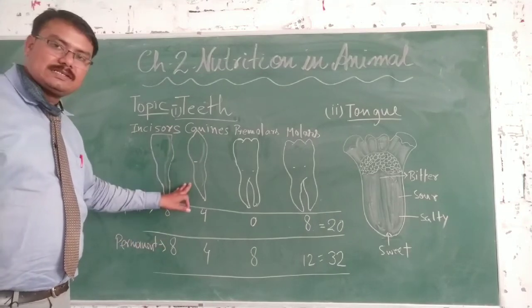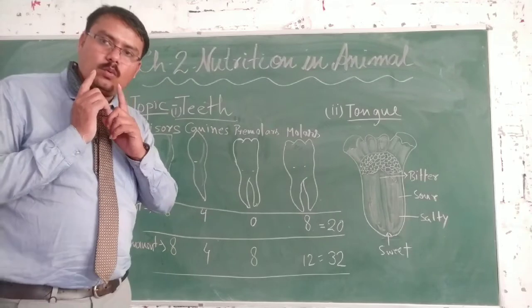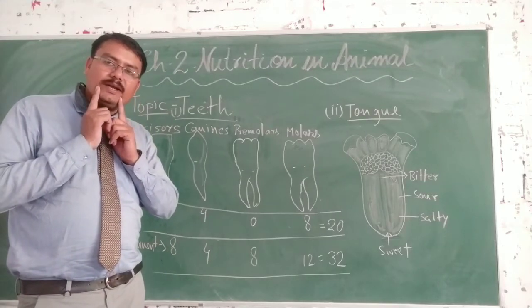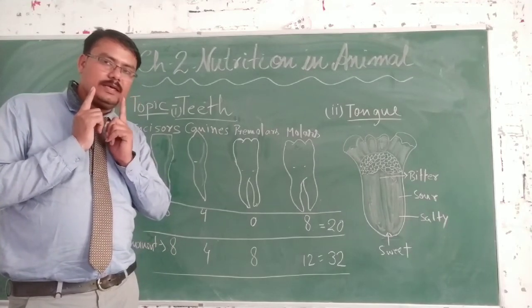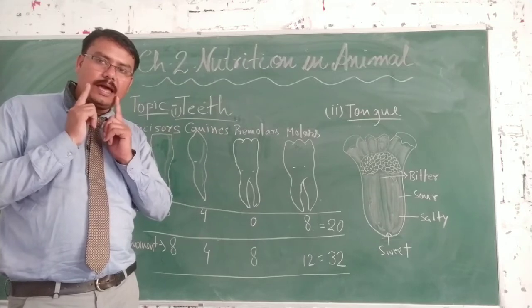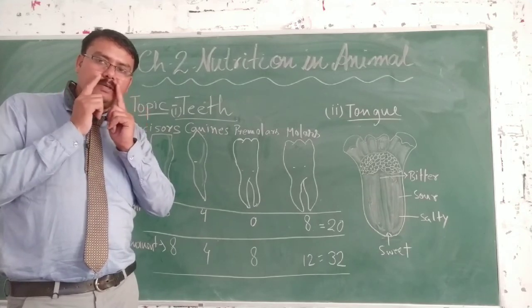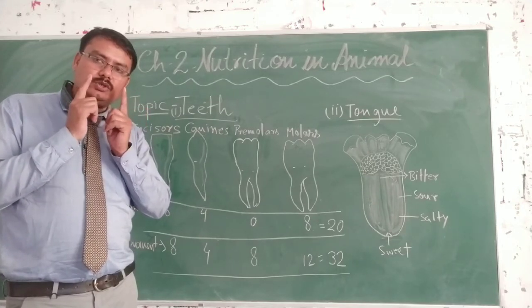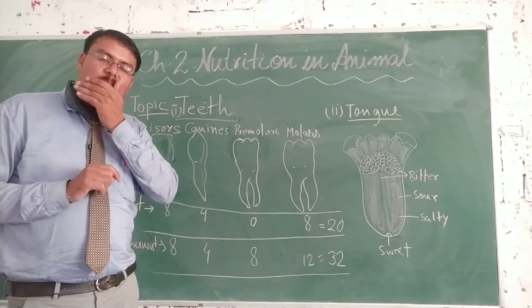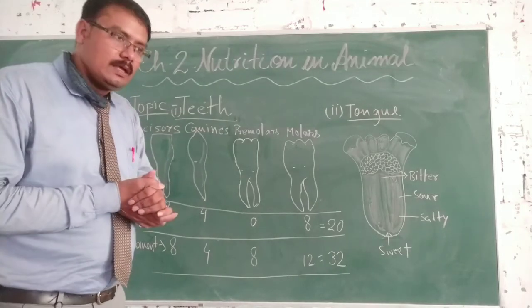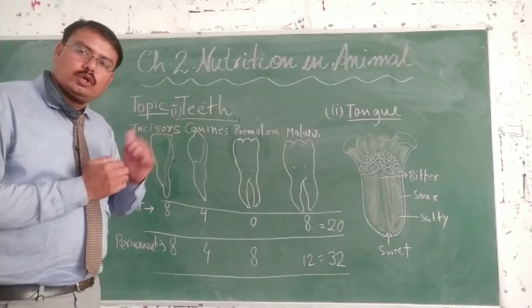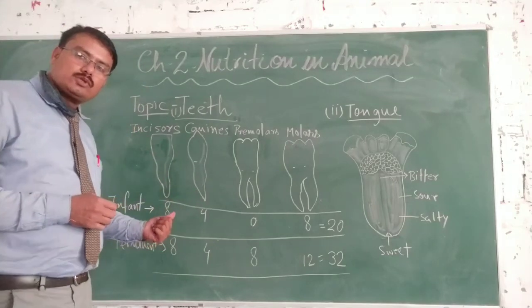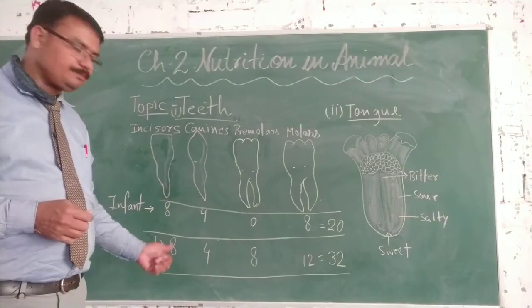Next come the canines. One on both sides of the incisors in the lower jaw, and one on both sides beside the incisors in the upper jaw, are called the canines. These are also called the tearing teeth. They are 4 in number in total, in infants and permanent teeth also.